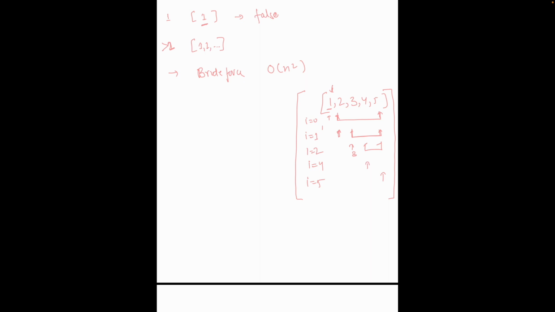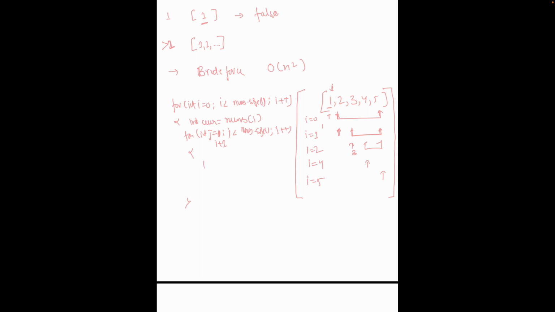So for the code of this, let's say for int i equals 0, i less than nums dot size, i plus plus, that will be one loop. Then inside this, for int j, j less than nums dot size, j plus plus, and j should be starting from i plus 1.